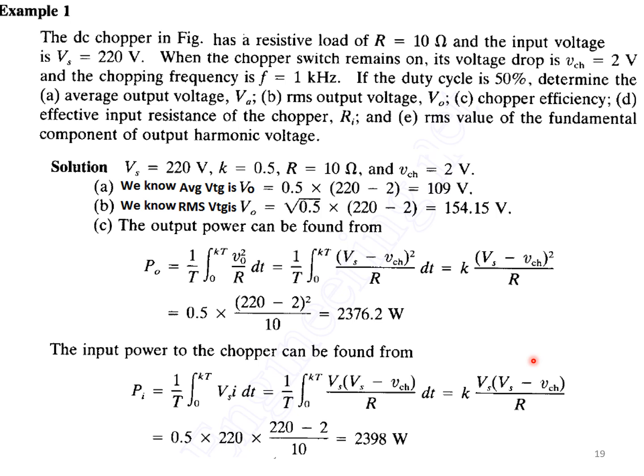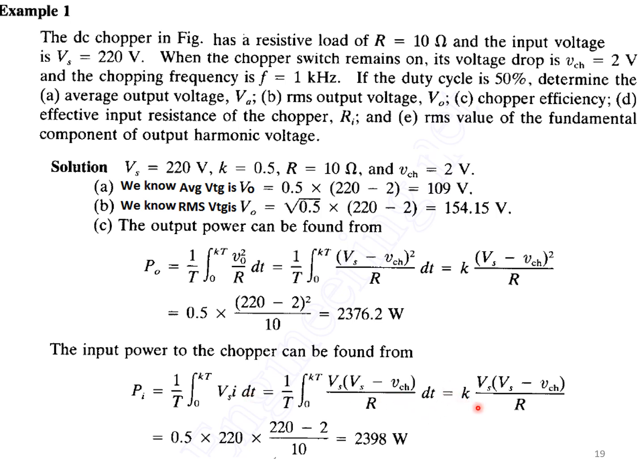And the input power, because we want to know the efficiency, that is output by input. I am calculating the input power of the chopper, which can be found by the input supply voltage into the current. So we know that input, and of course between 0 to T on. As I said, T on is the same as K into T. So this is equal to integral 0 to KT of Vs into I. I can be represented as Vs minus Vch by R, because the input current is nothing but the same as the load current.